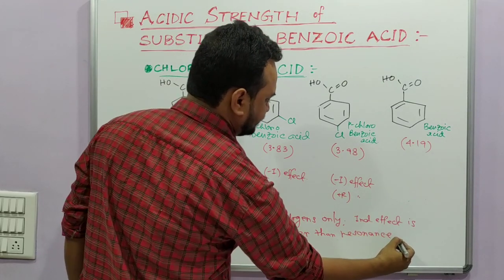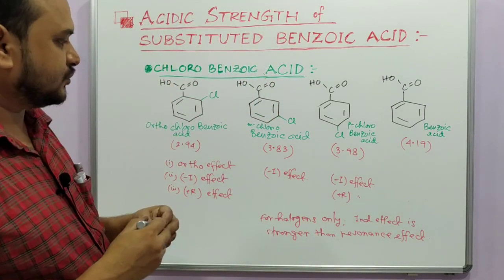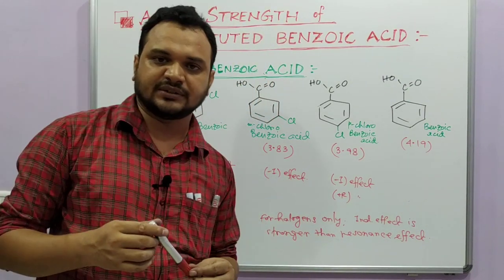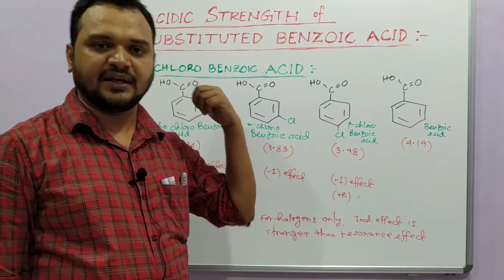So here it is a plus R group, that is, it is donating electron density by resonance effect, and it shows minus I effect, that is, withdrawing electron density by inductive effect.